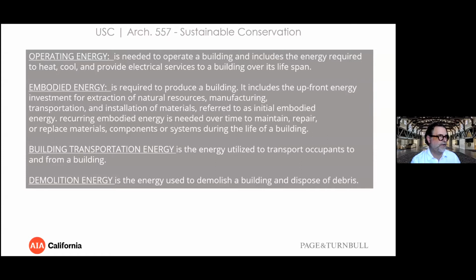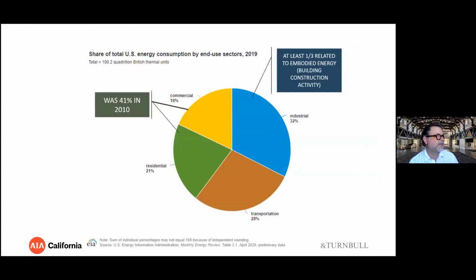It's that upfront investment of natural resources, manufacturing, and transportation that goes into building a building. And then there's transportation energy, that's getting people to and from different places. And I add a little one called demolition energy, because to demolish a building, there's energy and carbon dioxide emissions that go into that as well.